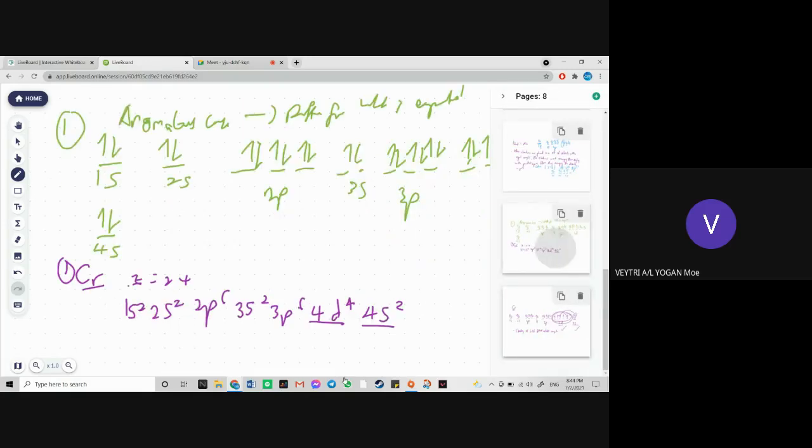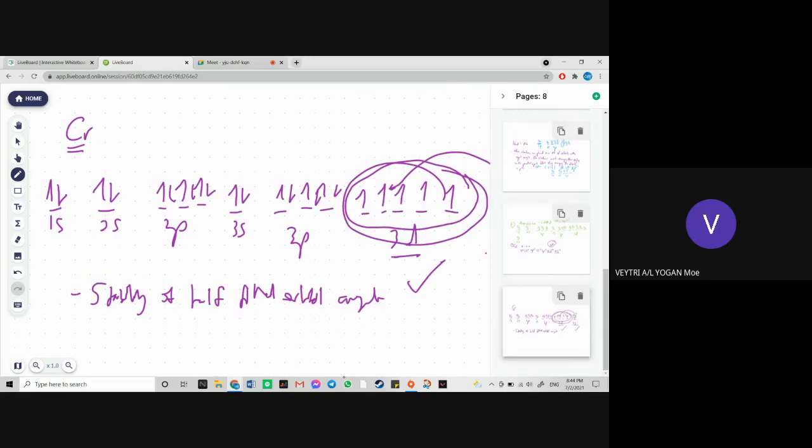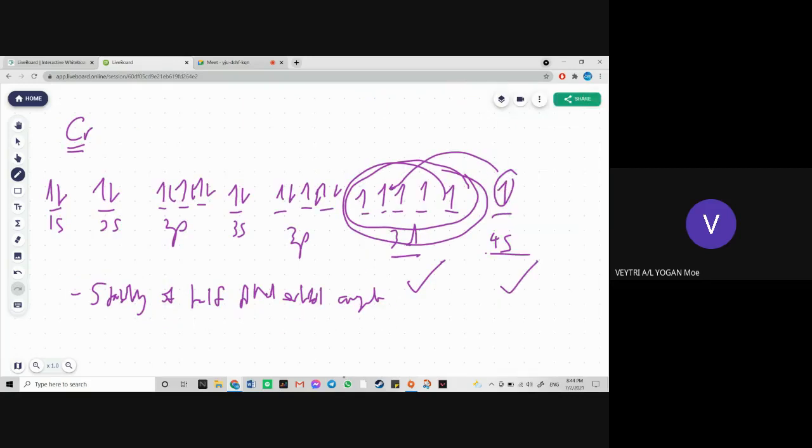Because initially when we did it, it was 3d4. Sorry, it should be 3d4, okay? If you arrange this properly, it will be 3d4. But because they want to achieve the stability, this electron over here is passed over here, okay? To produce 3d5 and 4s1.